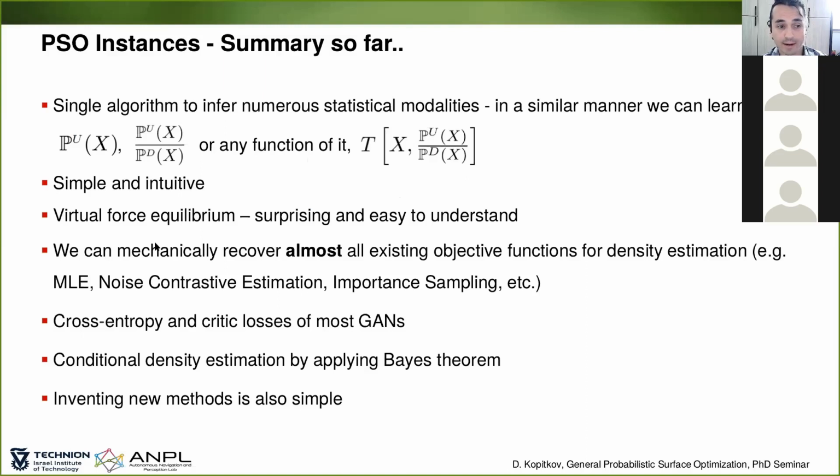Further, we can mechanically recover almost all existing objective functions for density estimation. I'm saying almost because currently I don't know any objective function that is not in this framework, but maybe they exist. Cross entropy and critic losses of most GANs are also in this framework, so we can recover them for specific magnitude functions. And conditional density estimation is also possible by applying Bayes' theorem; the details can be found in the paper.